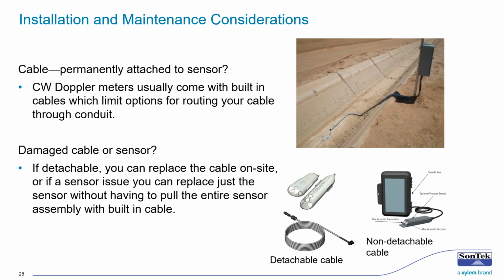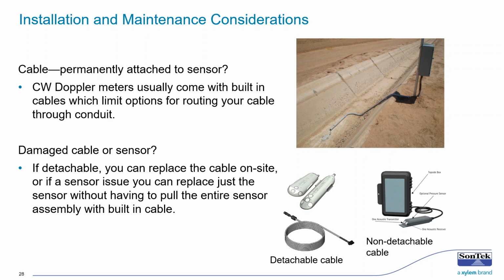And so why is that important? I think it's really important primarily for installations. During an installation, especially if you're planning to run your cable through conduit, if you have your cable built into your sensor, it really limits your options for routing that cable.